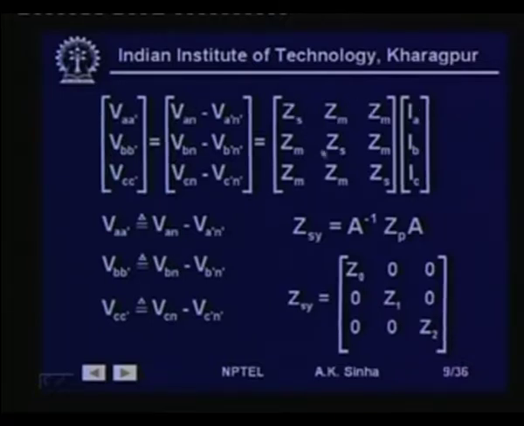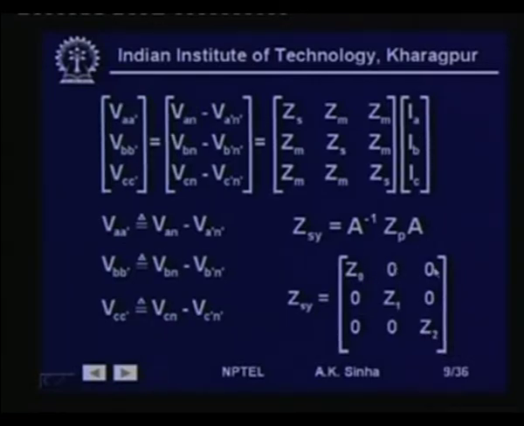Now, as we have shown earlier, we can get the symmetrical component impedance for the transmission line as A inverse ZP into A, where this matrix is the ZP matrix. If we do this, then we will get Z symmetrical component as Z0, Z1 and Z2, that is 3 independent impedances.